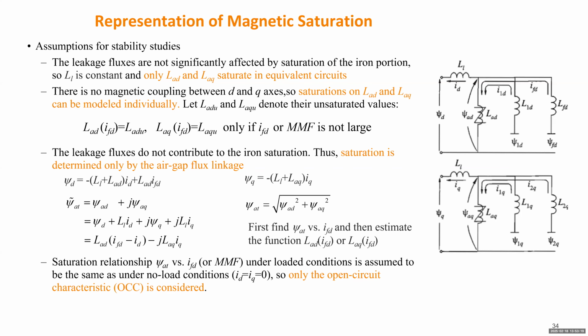Okay. Another assumption is the saturation relationship for the air gap flux linkage versus the field current is hard to measure under loaded condition. So usually manufacturers just do the estimation for no load condition by assuming the terminal current to be 0, which means they only study the open circuit characteristic for the generator, but they just simply use this characteristic as the conditions with load condition.